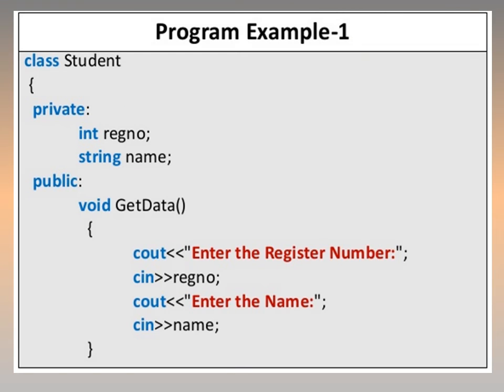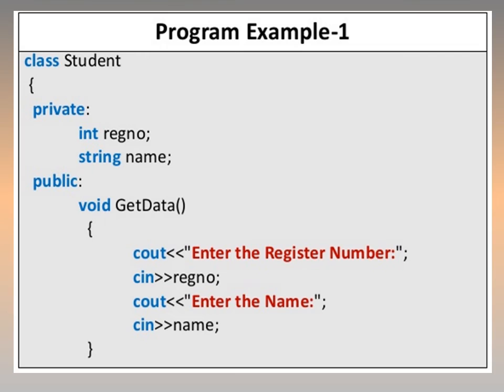Class student, here private int register number and string name. So these two variables we declared under the private section. Then in the public section, we define the member function void get data, and we define that get data function as: cout enter the register number, cin register number, that is taking the value from the user and reading that value.